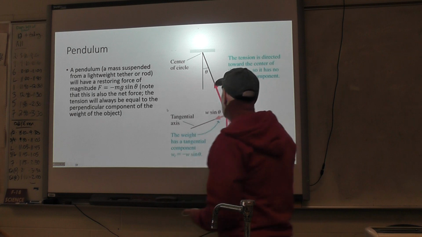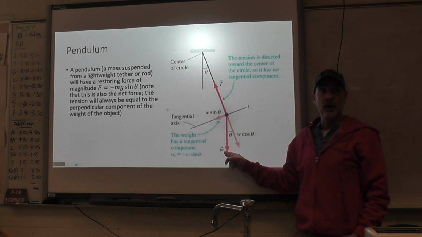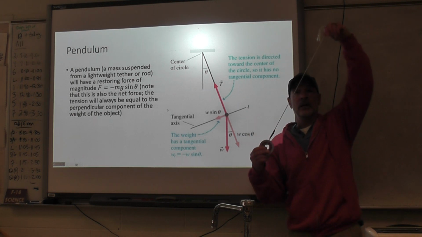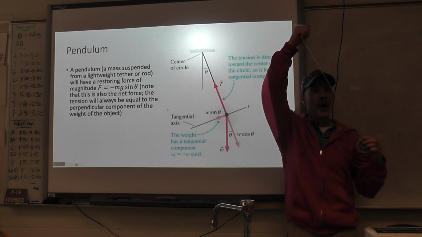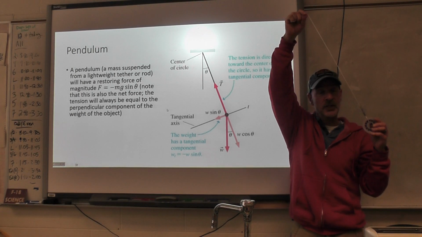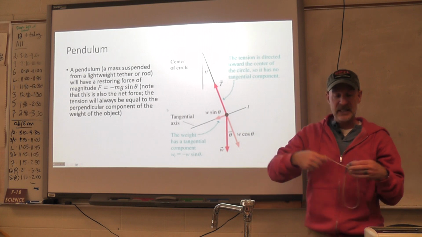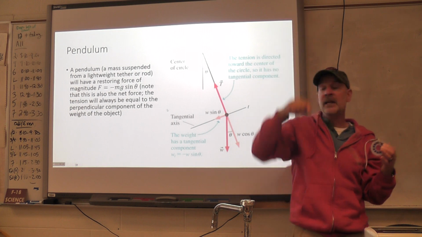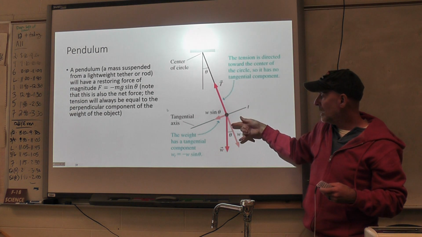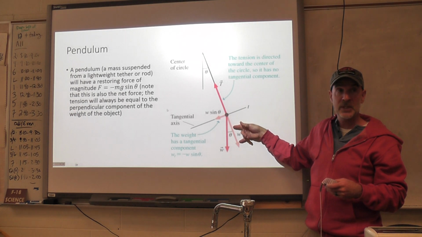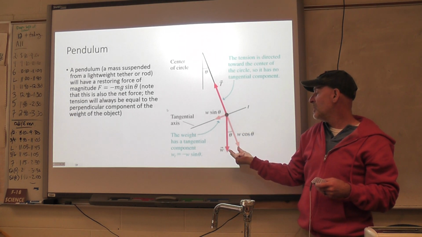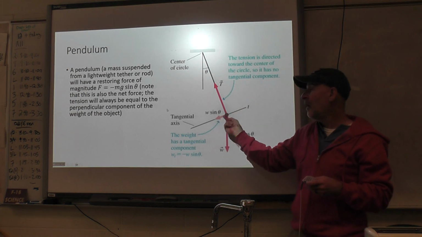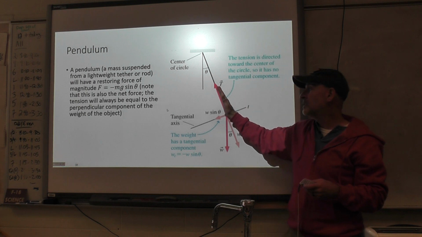If we look at the gravitational force as having two components, one in the same direction as the string, and one in the perpendicular direction to the string, what you'll see is since this object isn't accelerating toward or away from the attachment point, the tension in the string and the weight of the object are balanced forces, and the net force is simply the perpendicular component of the gravitational force relative to the string.